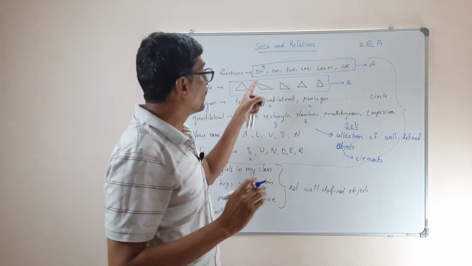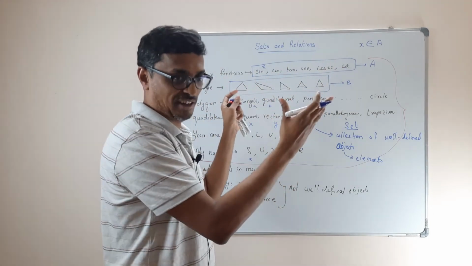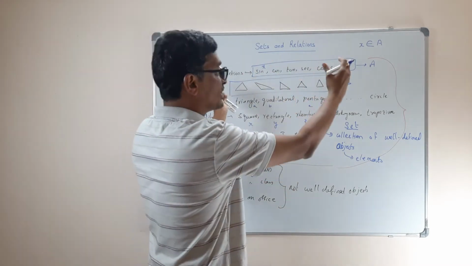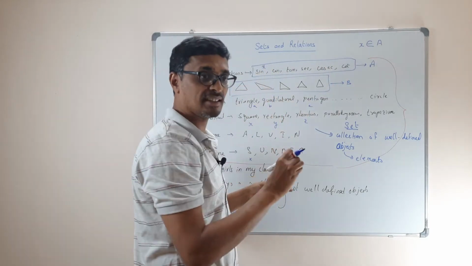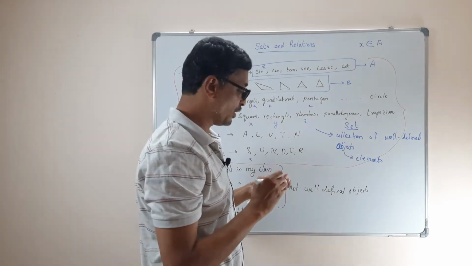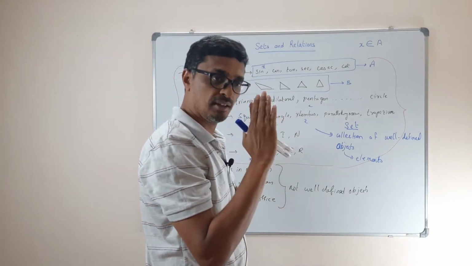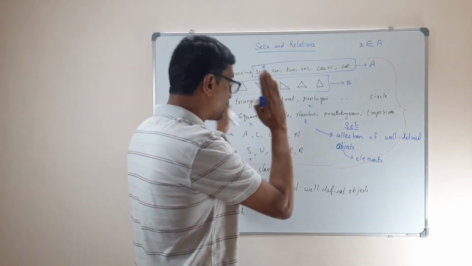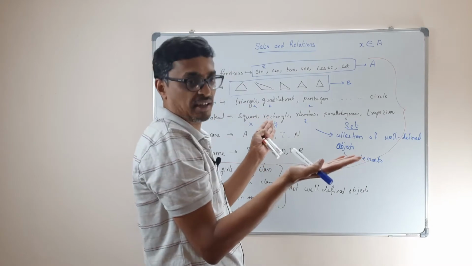That's the way you have to represent. Mathematics is a notation. It's just for convenience that we represent the set as a capital alphabet and the individual element as a small alphabet. You have to follow a proper procedure so that everyone can understand it.